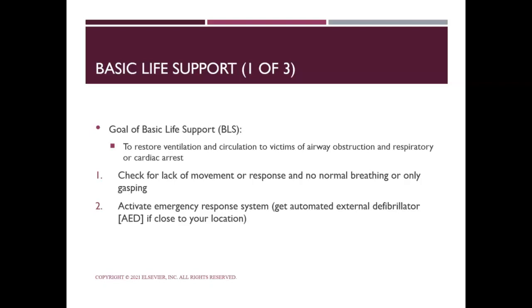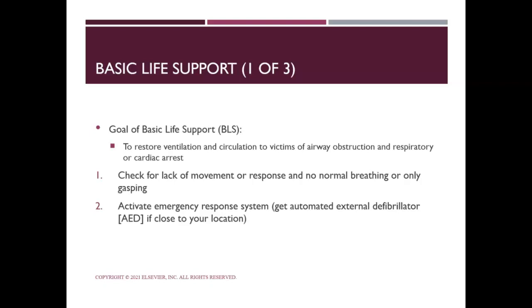Your book goes through some steps for administering BLS. The first thing we should always do when we suspect cardiac arrest or we come across a patient that we believe is unresponsive is to double check for movement or response, and look for breathing. You're going to approach the patient, verbally stimulate them, physically stimulate them to try to elicit a response.